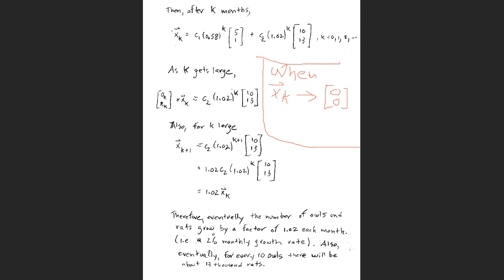That means no owls, no rats. Under what conditions would the owls and rats eventually become extinct, in terms of the eigenvalues?